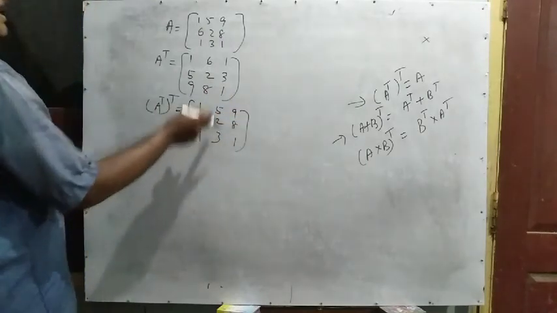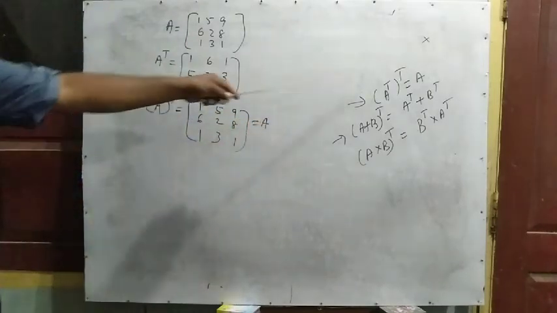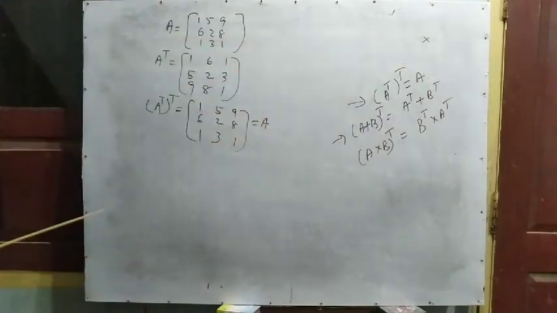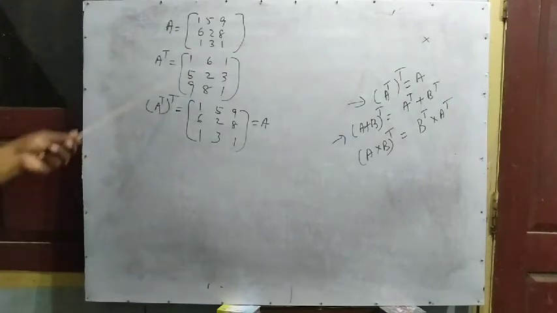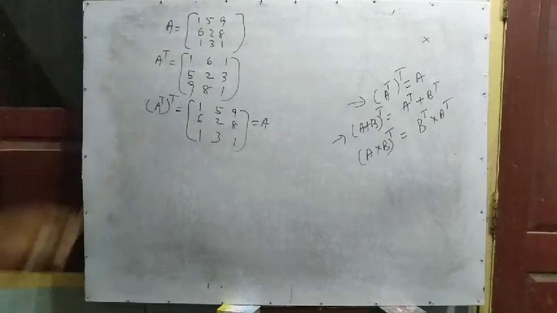So this is A again. So the first one is proved: (A transpose) transpose equals A. When you take the transpose of any matrix twice, you get its original value.